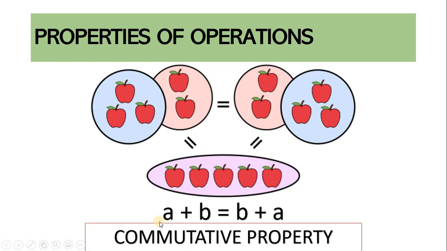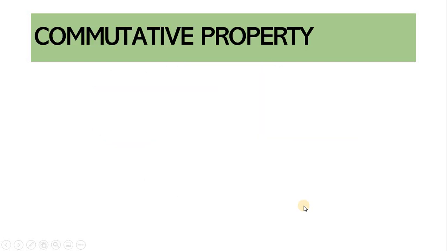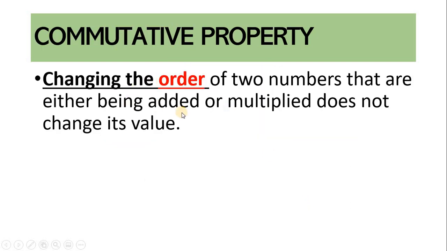So, in mathematics, A plus B is just equal to B plus A. So, meaning, changing the order of two numbers that are either being added or multiplied does not change its value. So, even if we change the order of two numbers using multiplication or addition, the value or the answer will remain the same.